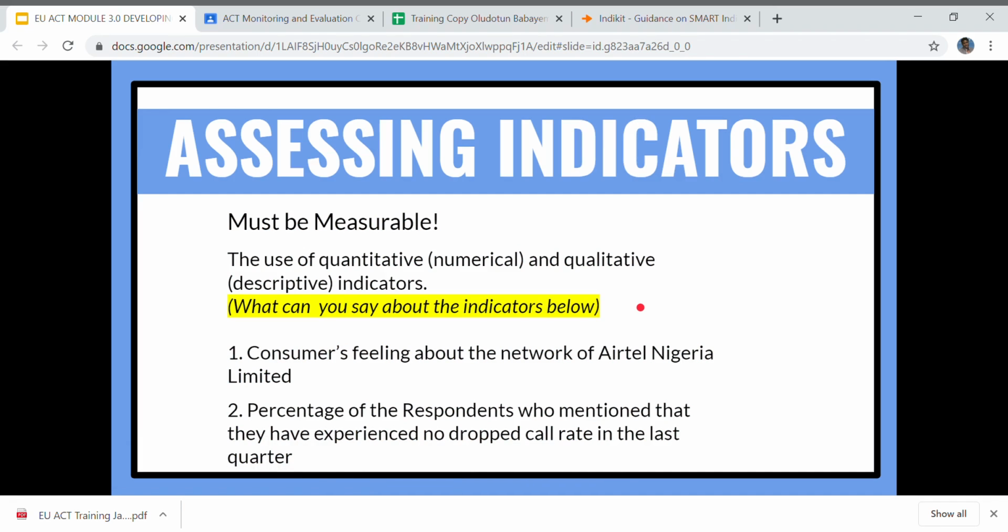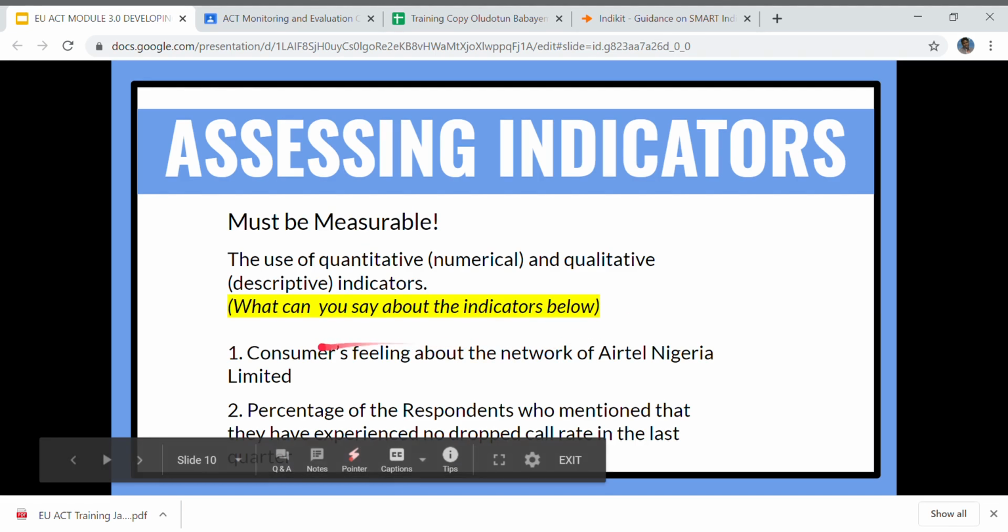So in putting together your indicators, you might need to consider some things, like it must be measurable. For instance, compare these two indicators: consumers' feelings about the network of Airtel Nigeria, and the percentage of respondents who mentioned that they have experienced no drop call rates in the last quarter or in the last month.